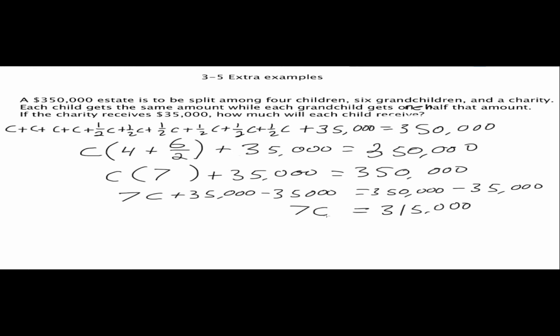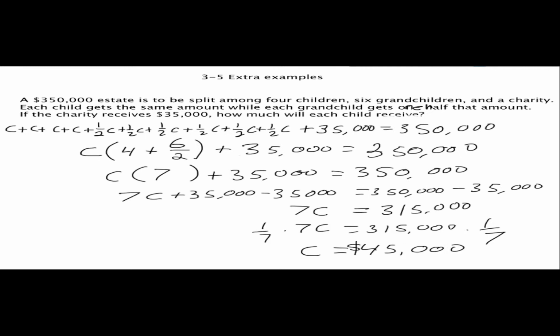Now we multiply both sides by the reciprocal of the coefficient of the variable. 1 over 7 times 7C equals 315 times 1 over 7. And we get that C equals $45,000, and these are dollars.